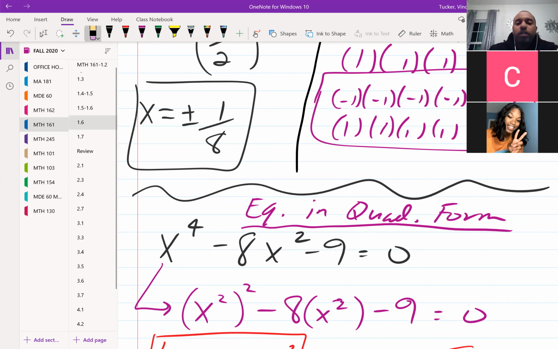All right. This next part of the section was dealing with equations in quadratic form. So here we have the initial equation of x to the fourth minus 8x squared minus 9 equal to 0.